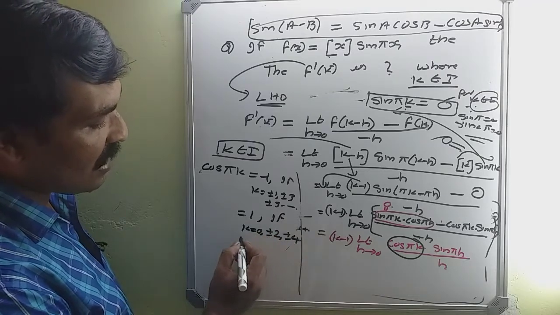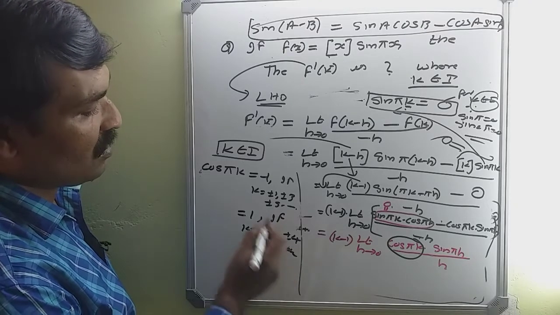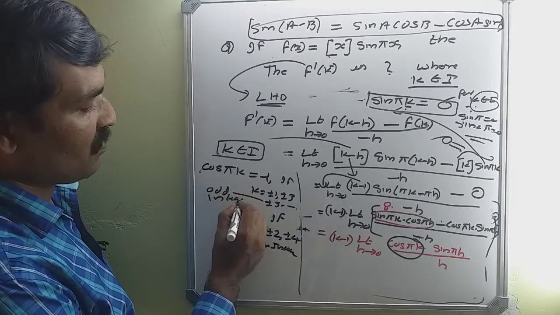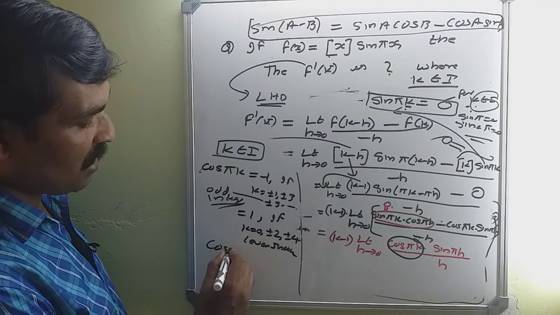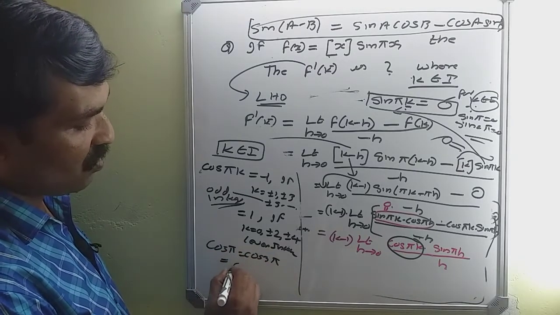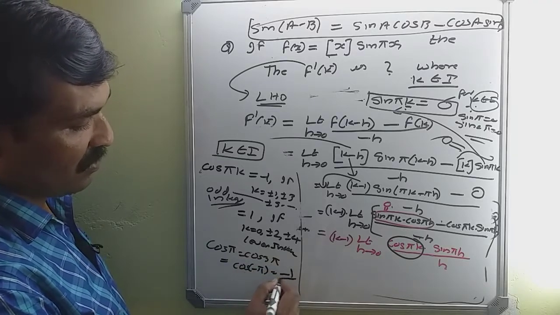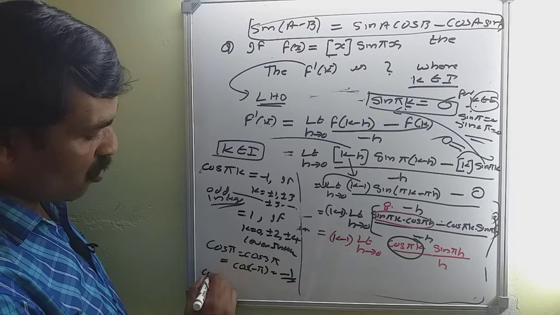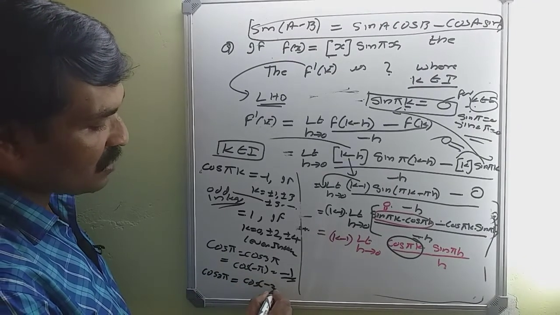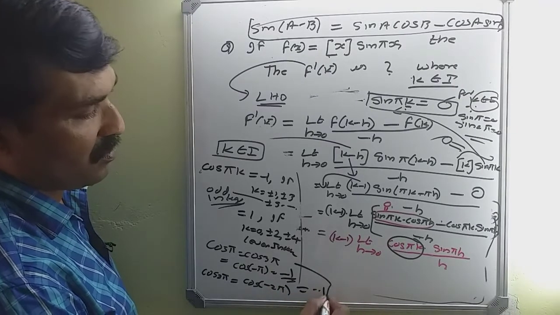That is, k is an even integer. Since cos pi is equal to cos 3 pi is equal to cos of minus pi, everything is equal to minus 1. And cos 2 pi is equal to cos of minus 2 pi, and so on, is 1.